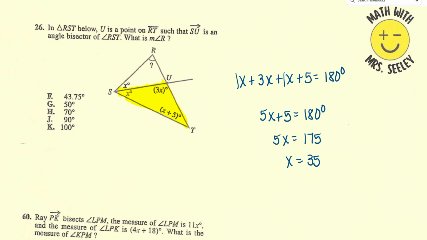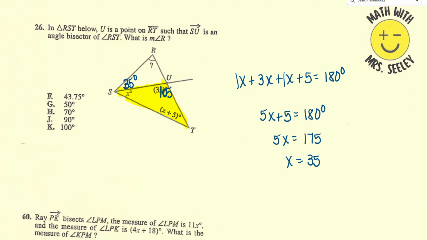Now that's the value of x. But this question says, what's this right here? So I can let this x go live in its house. So that means this angle is 35 degrees. Now I can say 3 times 35, and 3 times 35 would mean that this angle is 105.